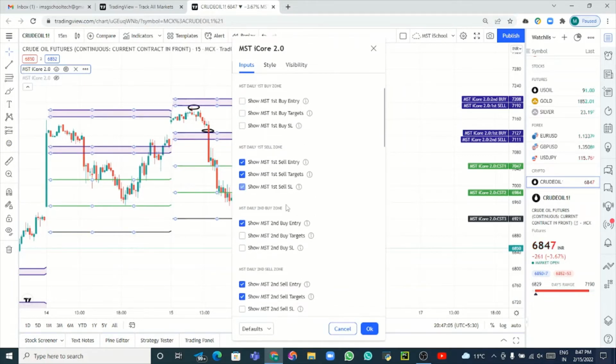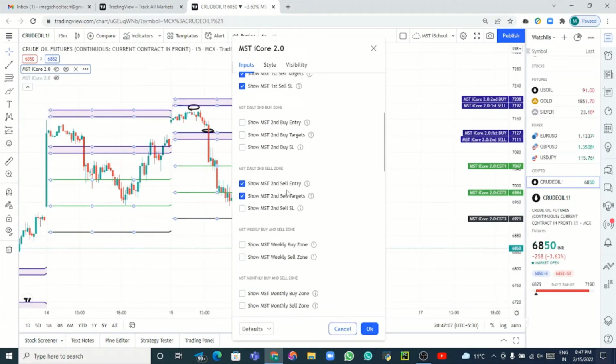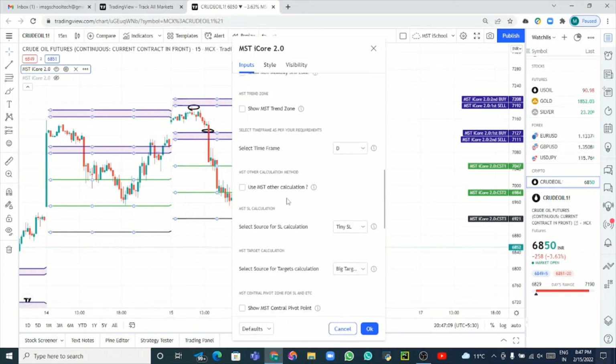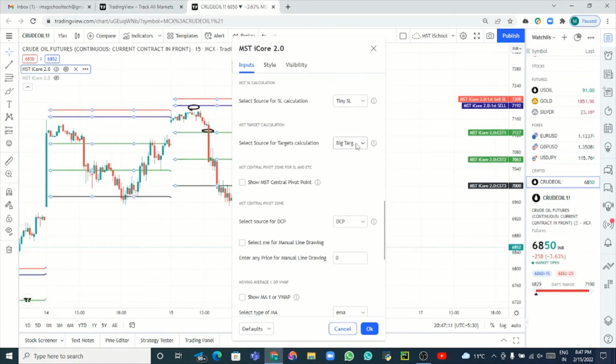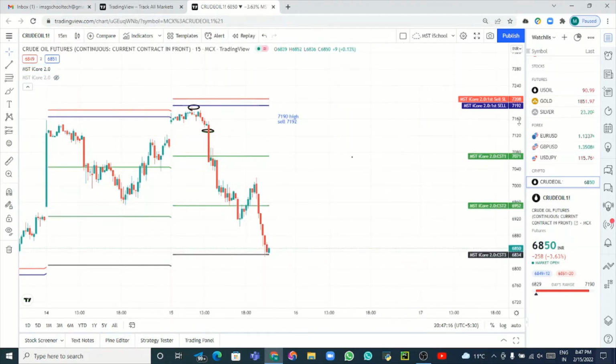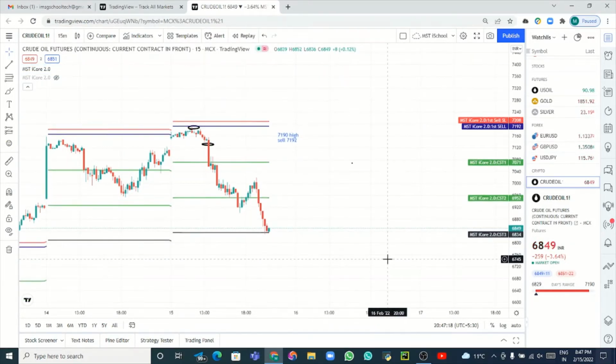So I will enable first sell targets, and I will make it big 2 targets. See here, all the 3 targets have been achieved successfully in the big 2 targets.